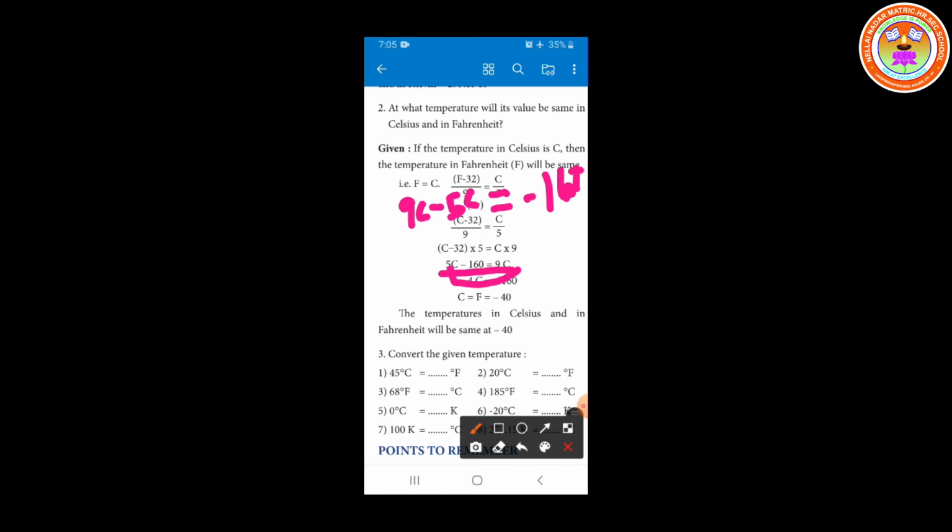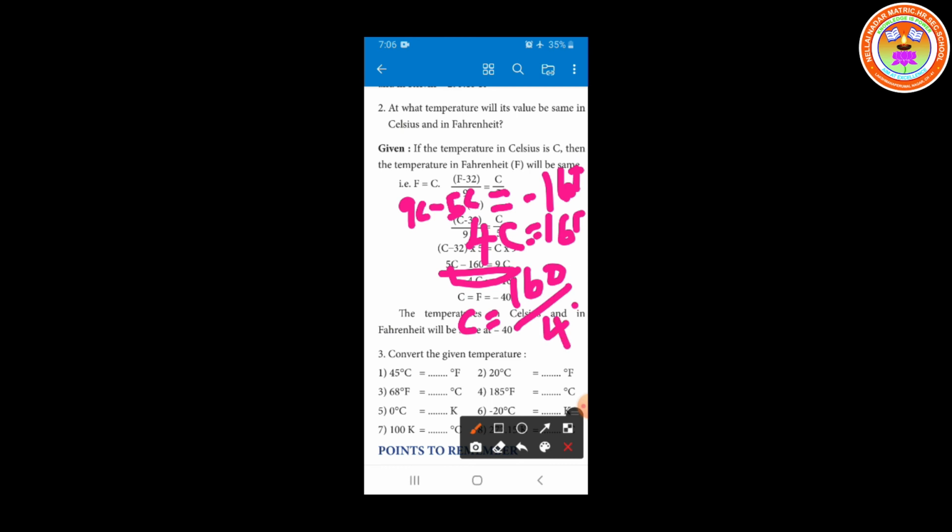So 9C minus 5C is 4C, which is equal to 160. Now C is equal to 160 divided by 4.